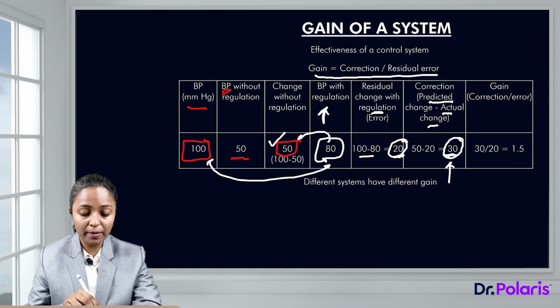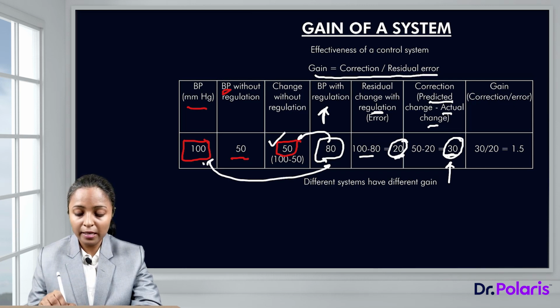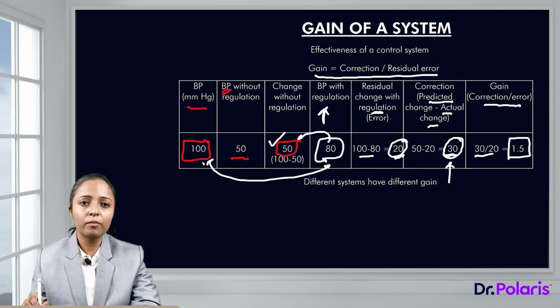From the baseline, error is still 20 millimeter mercury, right? So we have to divide the correction by error, right? So 30 divided by 20. So this gives the gain of the feedback system, that is 1.5, right? So this gain is a measure of efficiency of a system, and different systems have different gain.